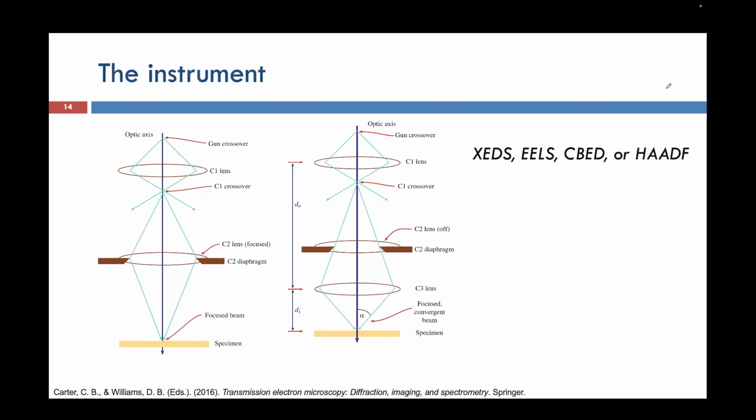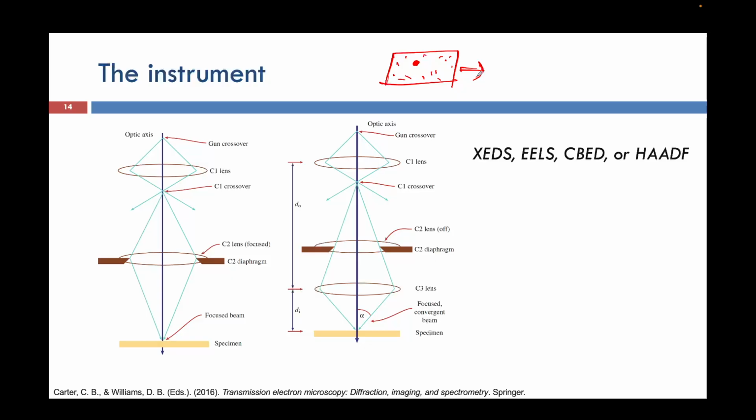Why? Because if we want to see a particular structure, let's say I have a matrix, and in that matrix I have some second phase associated with it. If I want to get information only from that second phase, I cannot allow all the beams to fall on that, because if I take a diffraction pattern here, the diffraction pattern will consist of information from the matrix as well as the second phase particle.